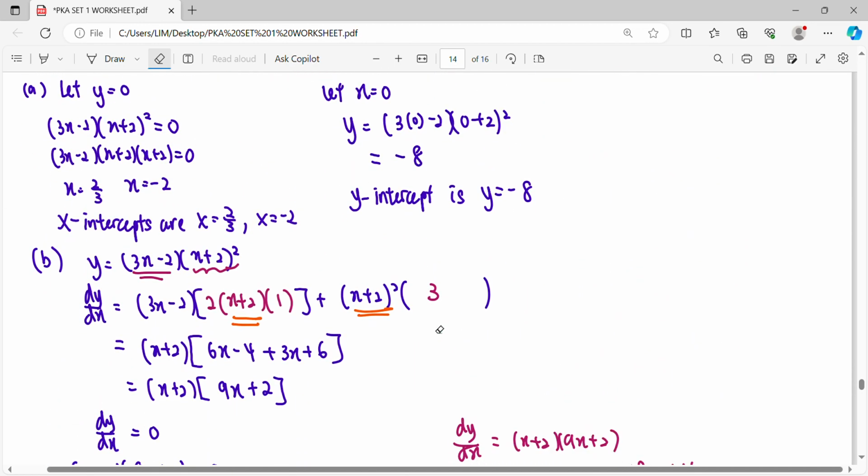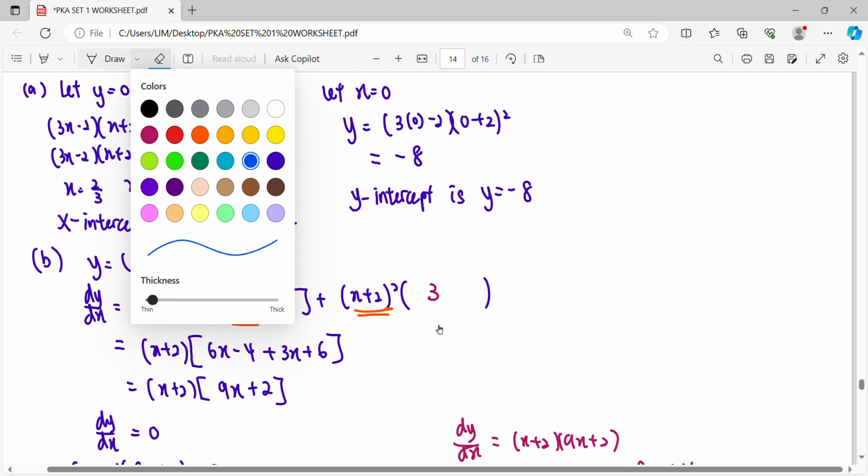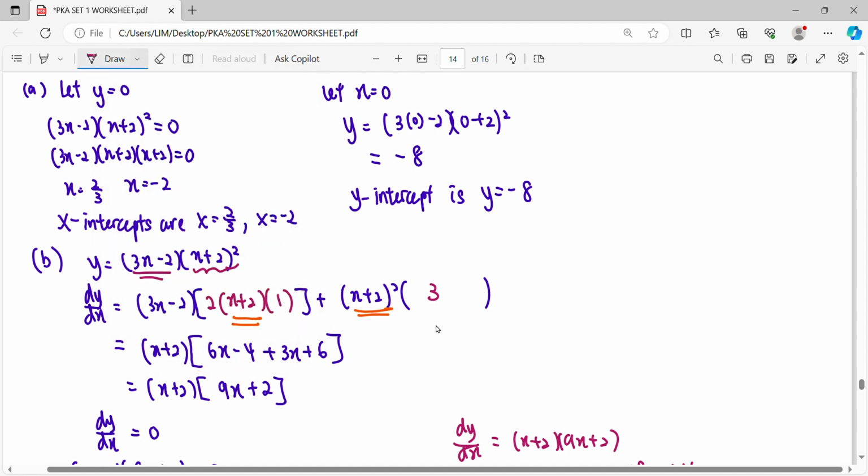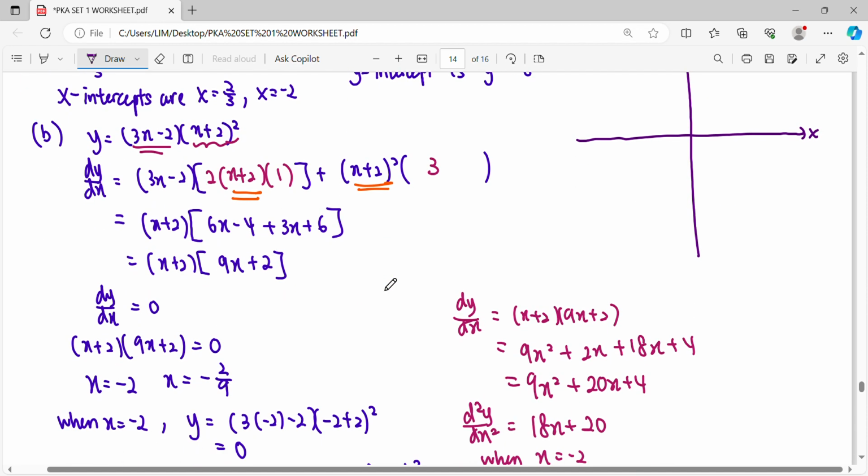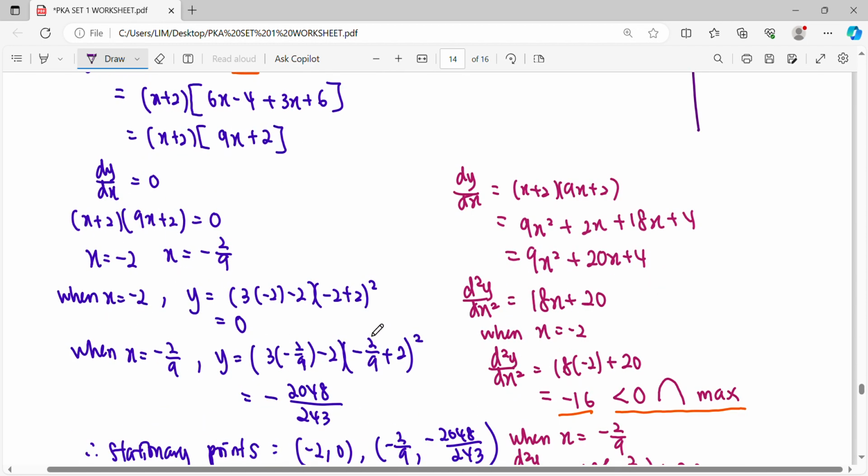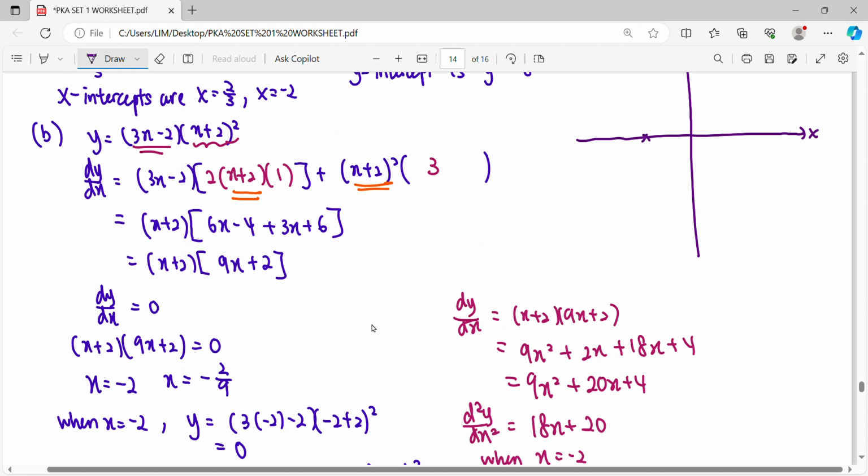So we take this. Plot all your points, where it's supposed to have maximum, minimum, intercept. So when you have (-2, 0), this is a maximum.